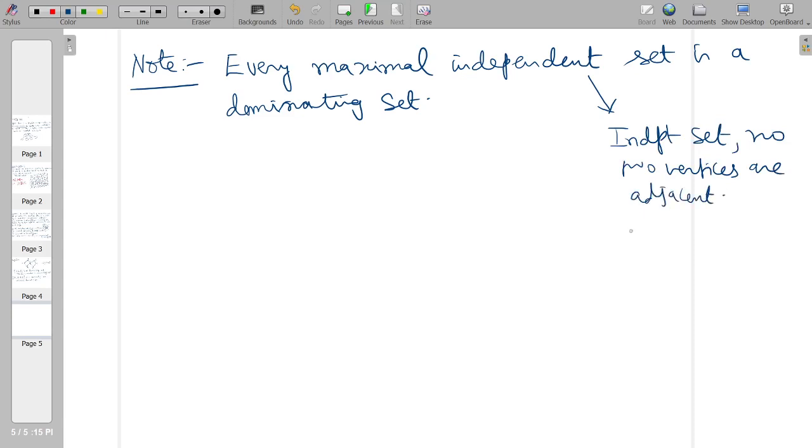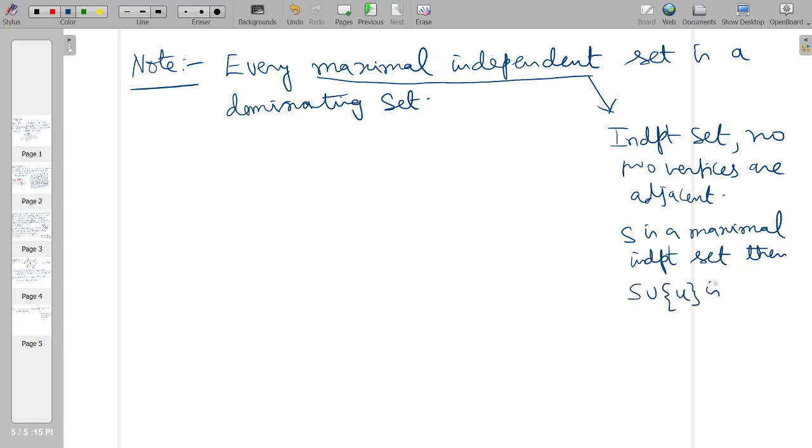If S is a maximal independent set, then S union U is not an independent set for some U in V minus S. So if I take a vertex U not in S and attach it to S, then S union U will not be an independent set.